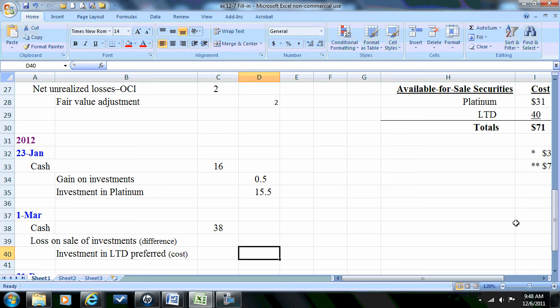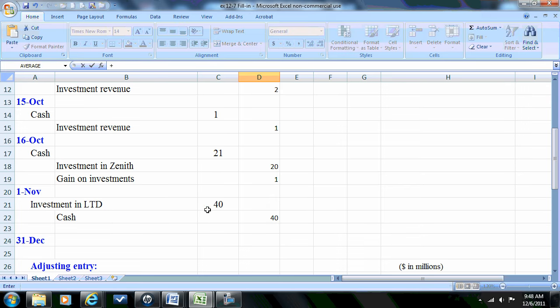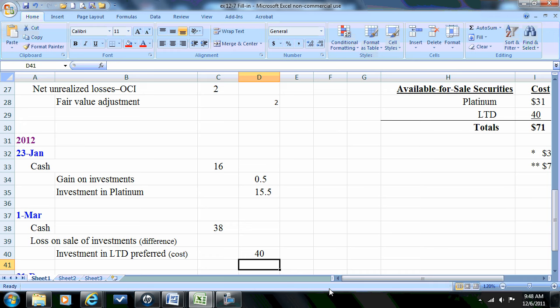Our original investment in LTD was $40 million, so we're going to credit it at cost, and the difference will be a debit of $2 million, and that represents a realized loss on the sale of the investments.